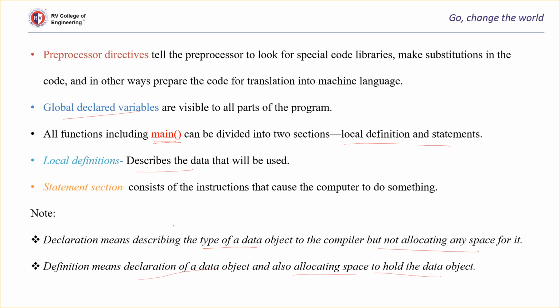So usually in this local definition we declare a variable by specifying its data type. When the compilation is done, your compiler will allocate appropriate space to those variables depending upon their data type.